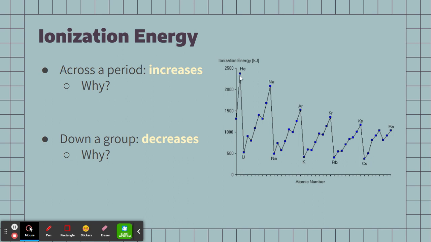However, when it transitions from helium to lithium, which is a transition from the first to second period, we note the sudden decrease in ionization energy. We see this same idea between neon and sodium and argon and potassium and so on. This is because in these sudden decreases, we are moving from one period to another. Thus, there is a decrease in first ionization energy, as we've established.